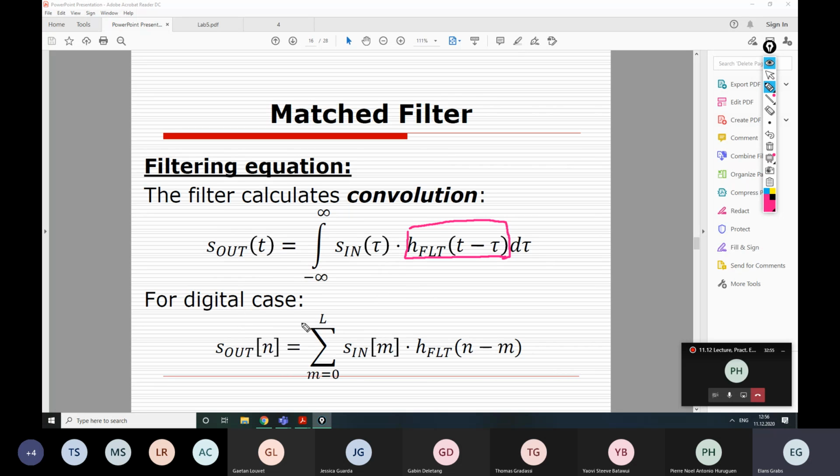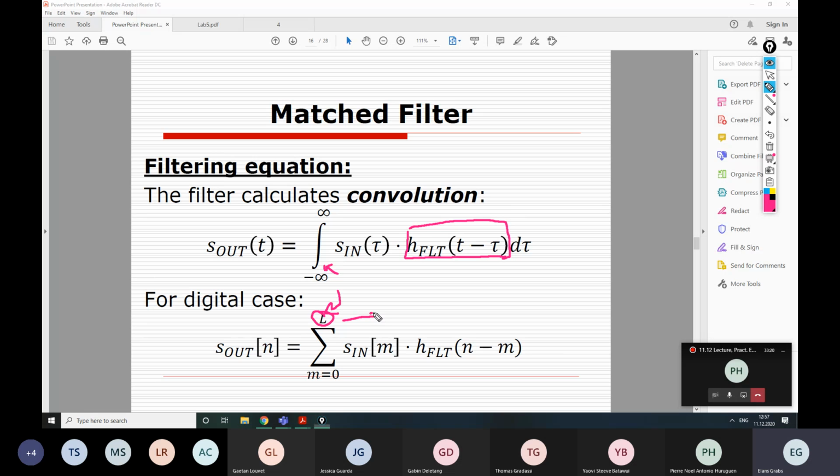As you know, for the digital case, this integration is replaced with some finite sum consisting of L members, which we need to sum up together. In integral form, the number of added elements is infinite, right? But for a finite sum, we have only some limited number of these samples, right?